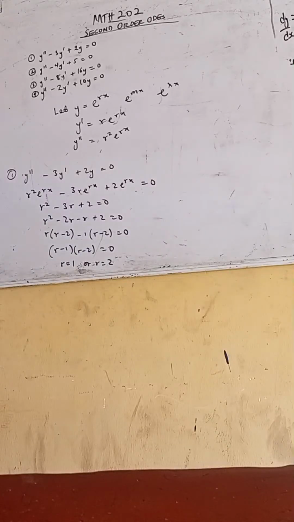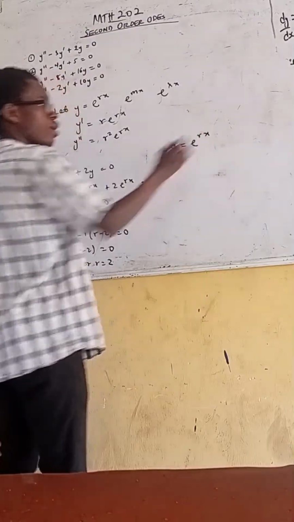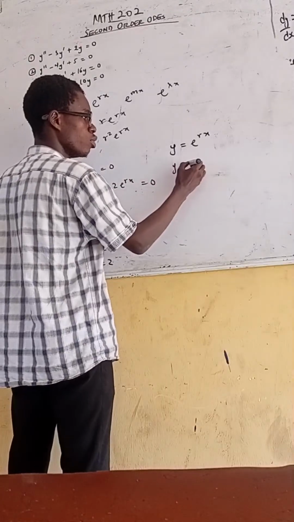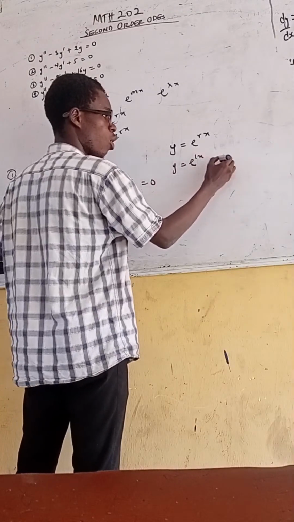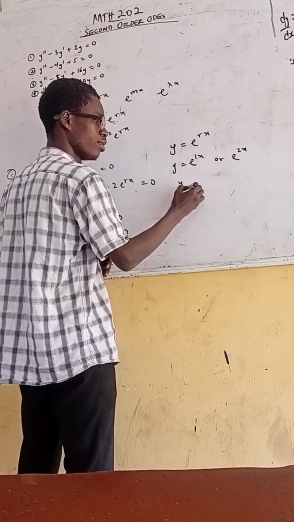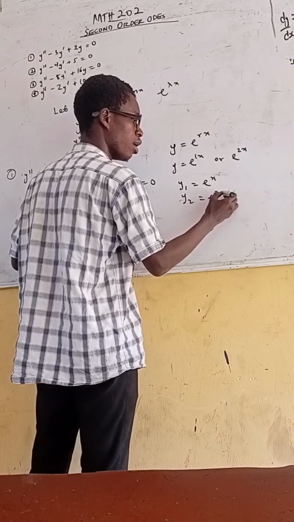So y equals e raised to power rx, and r is either 1 or 2. Let's plug it in. We can say y equals e raised to power 1x or e raised to power 2x. So y1 equals e raised to power x and y2 equals e raised to power 2x.